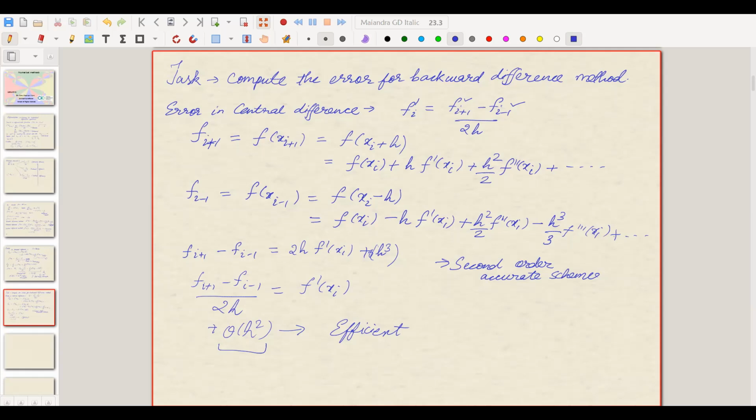Then as you decreased more, after 10 to the minus 8, like 10 to the minus 10, 10 to the minus 9, it started increasing again. No matter how much you decrease the step size h, the error is increasing.